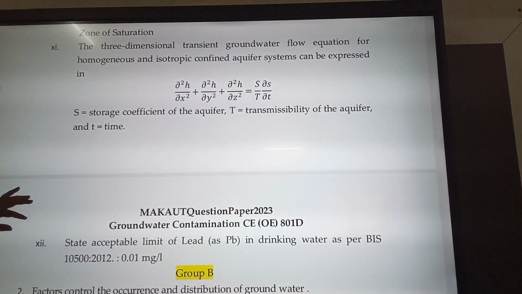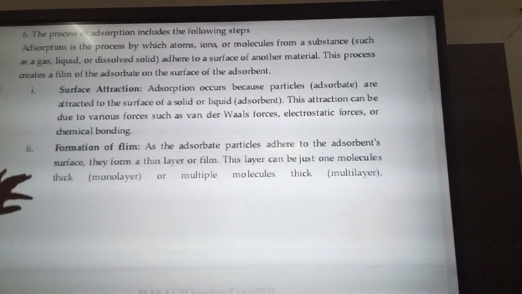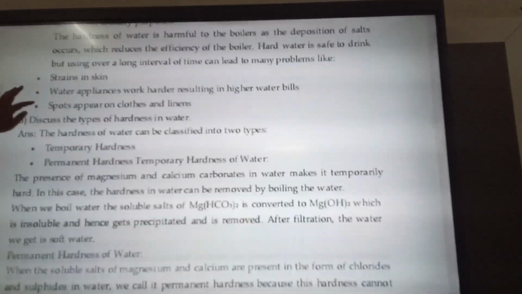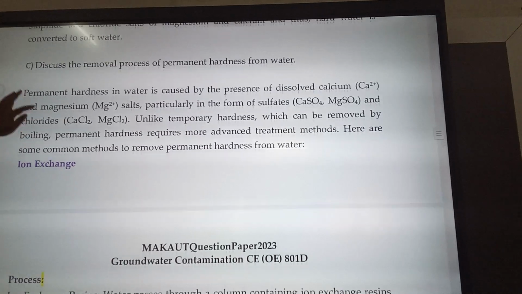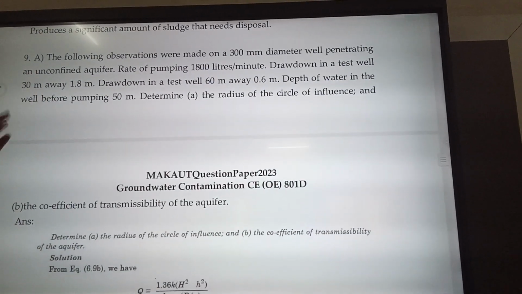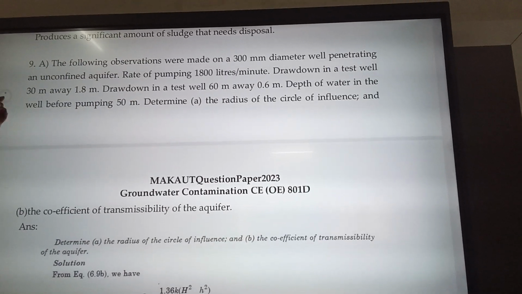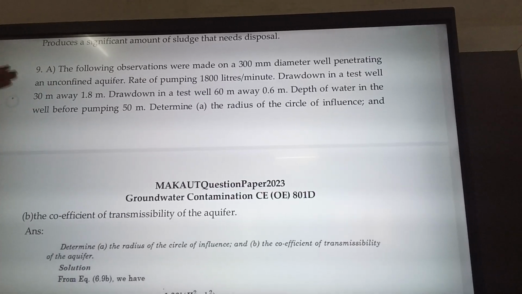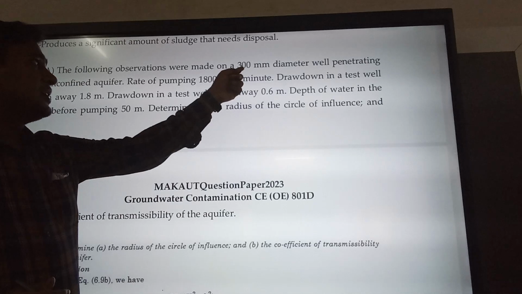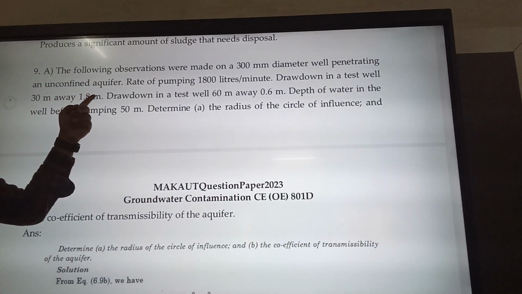Now we are going to solve a broad question, which is question number 9, which came in a previous year. The question is: the following observations were made on a 300 mm diameter well in an unconfined aquifer.